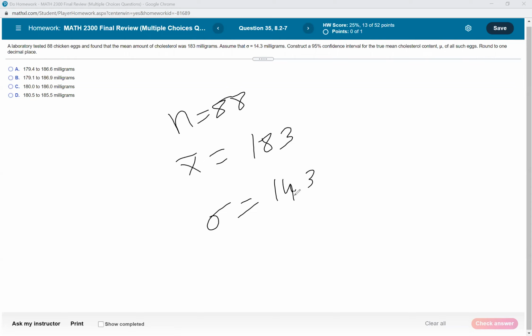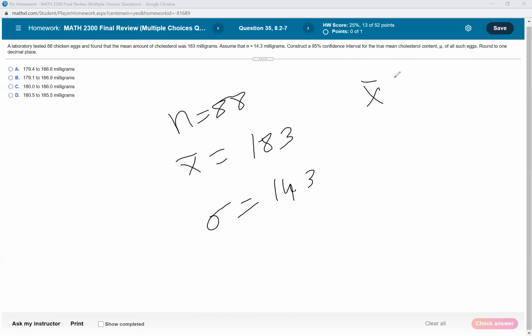Now we need to construct a 95% confidence interval for mu.